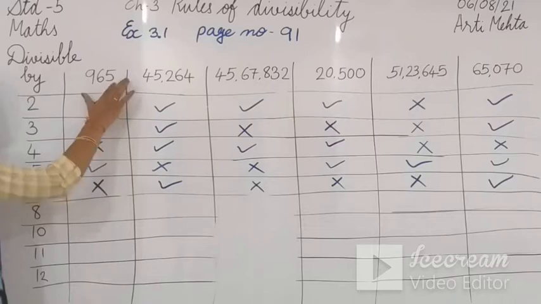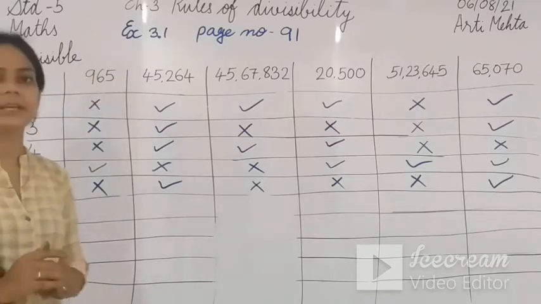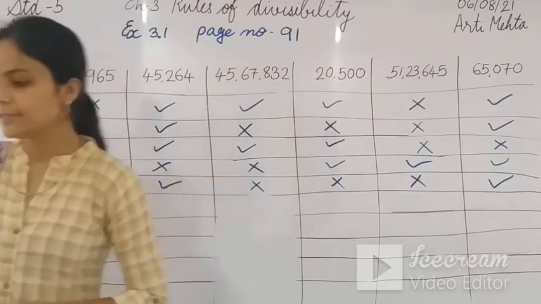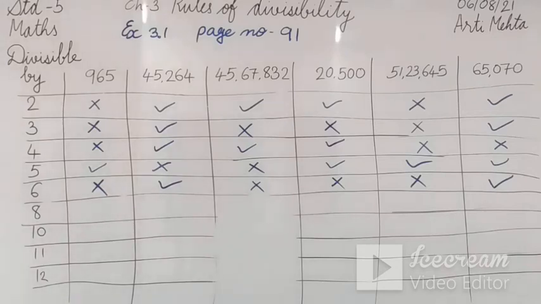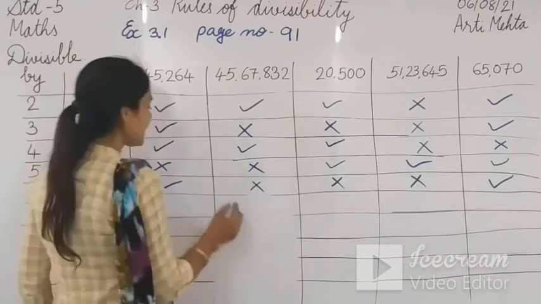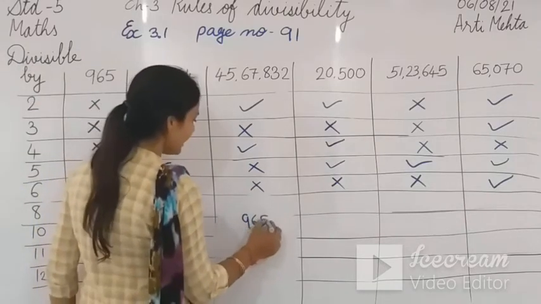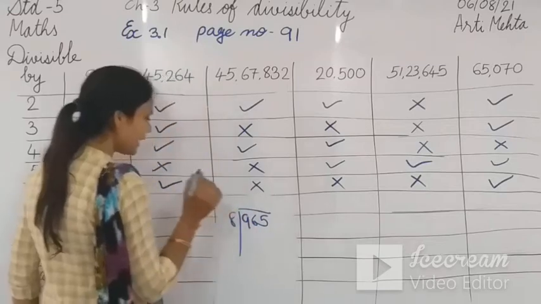If the last 3 digits are divisible by 8, only then there is divisibility by 8. OK, so we have to decide whether the last 3 digits are divisible by 8 or not. Here, is 965 divisible by 8 or not? We have to check it.